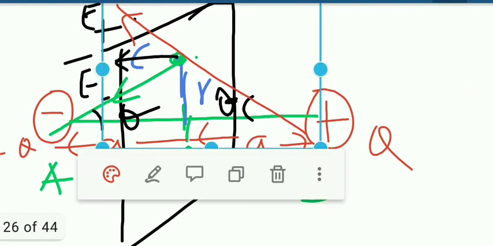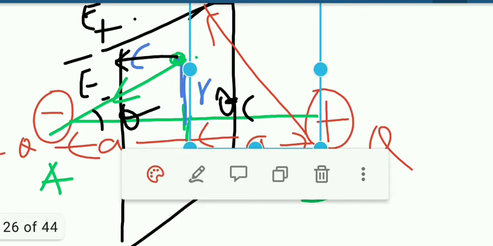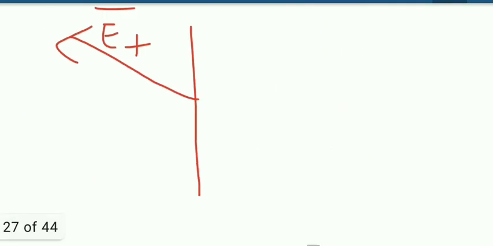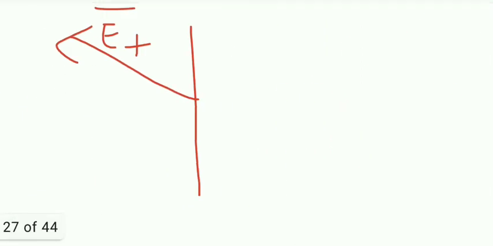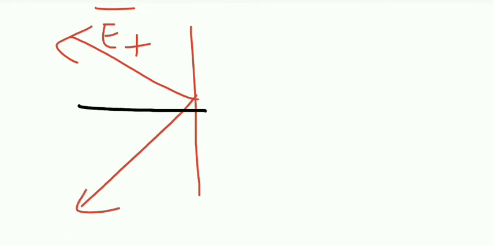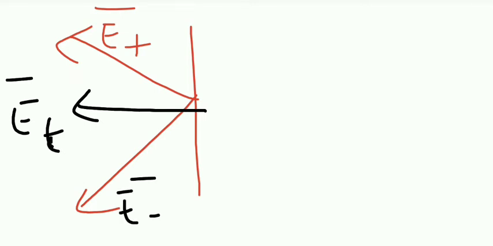Similarly, for the negative charge, it goes like this. This is the center line. This is the sum, the total electric field, E total. This is E minus. So I have to find what E total is.